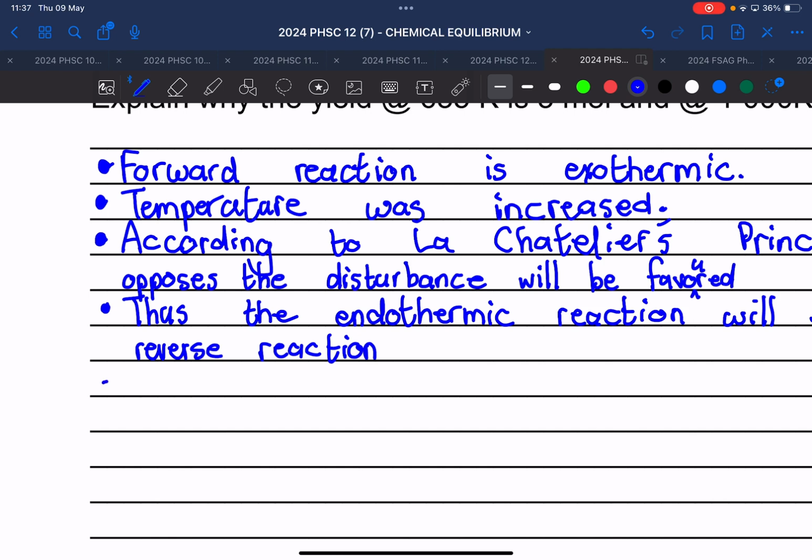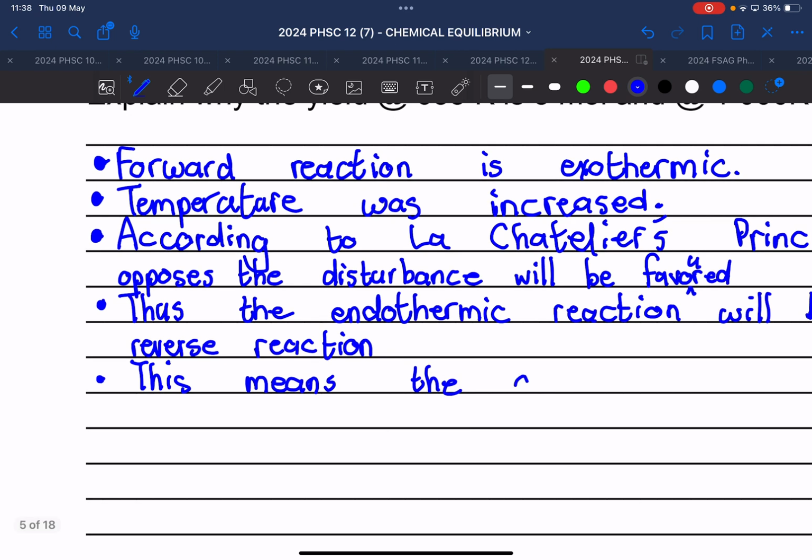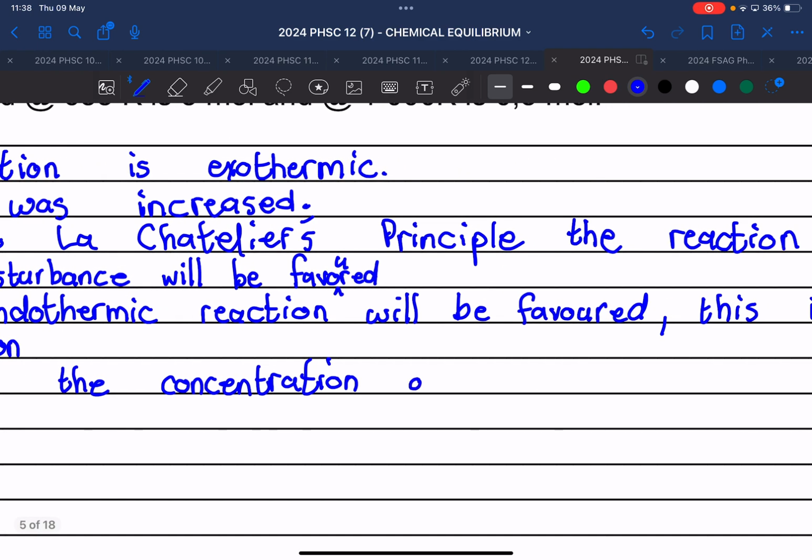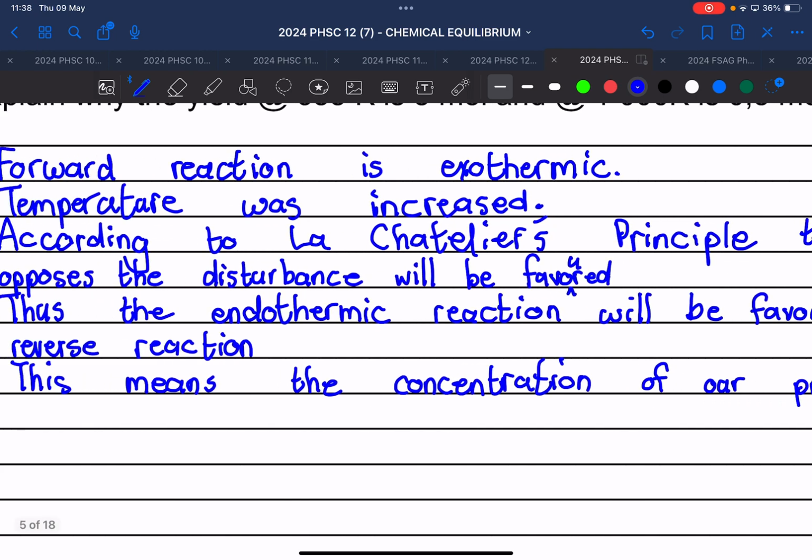This means the concentration of our products will decrease.